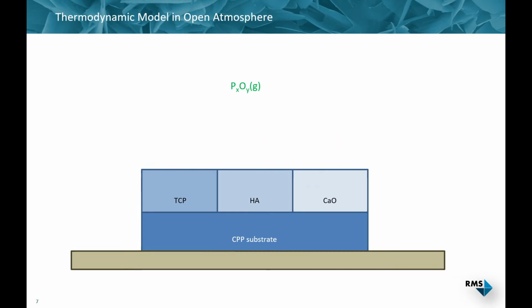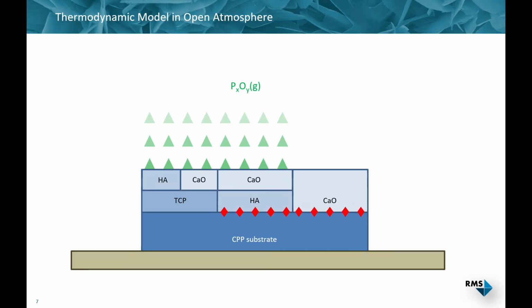The process continues, and we will also observe evaporation from TCP and HA, but we also have to consider that we can form solid phases that are not stable in direct contact. So at the phase interfaces marked in red, we will observe solid-state reactions.